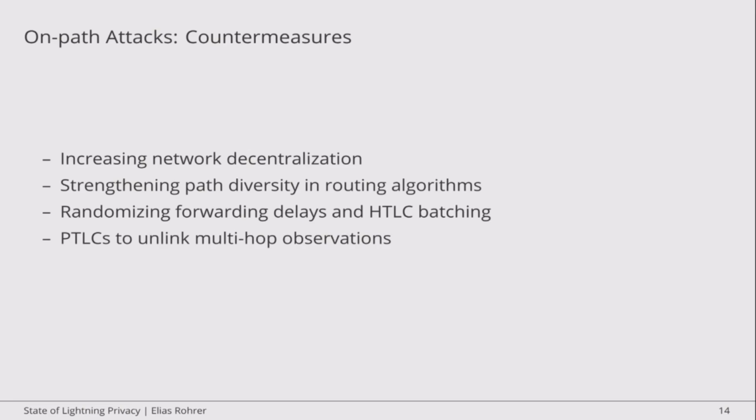There might still be heuristics, of course, how you can see that two PTLCs are related, just timing-wise or whatever. But currently, if you have multiple observation points, vantage points in the network, the payment hash gives it very clearly away that this is the same payment, and you don't have to do any work actually correlating them. So PTLCs, if ever implemented, would really solve a bunch of issues there.